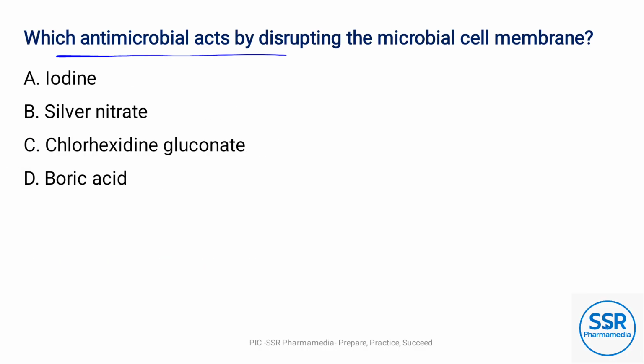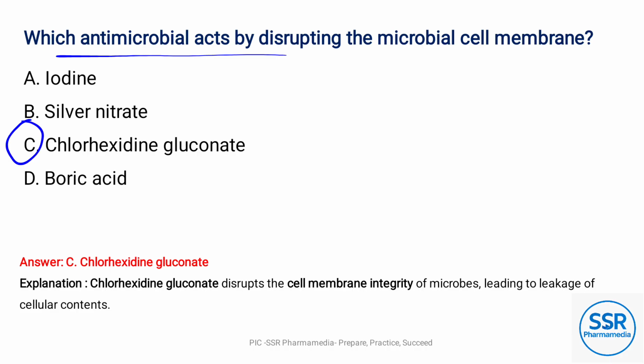Which antimicrobial acts by disrupting the microbial cell membrane? So option C, chlorhexidine gluconate. It disrupts the cell membrane integrity of microbes, leading to leakage of the cellular content. So that leads to the death of the microorganism.